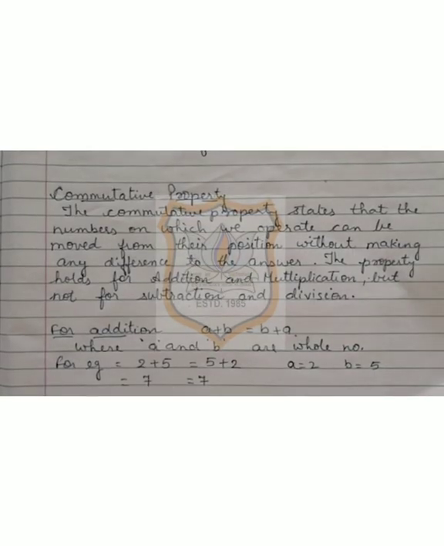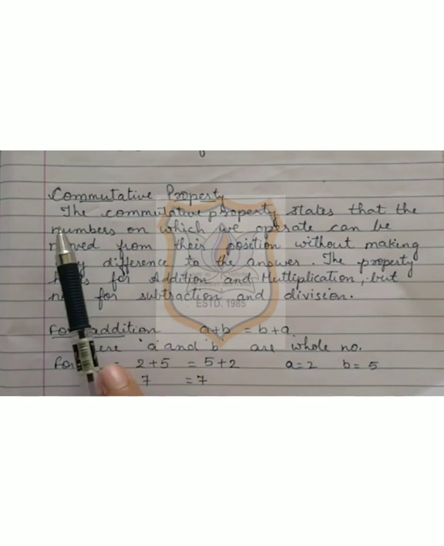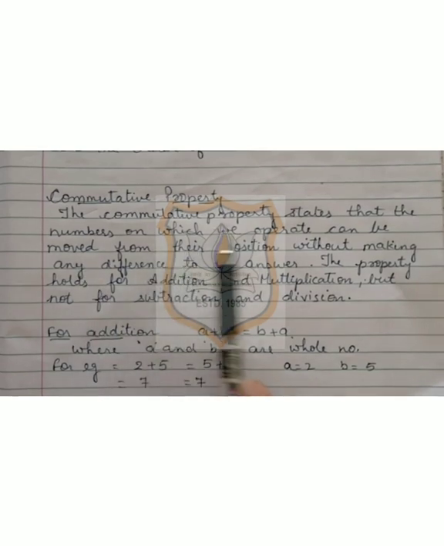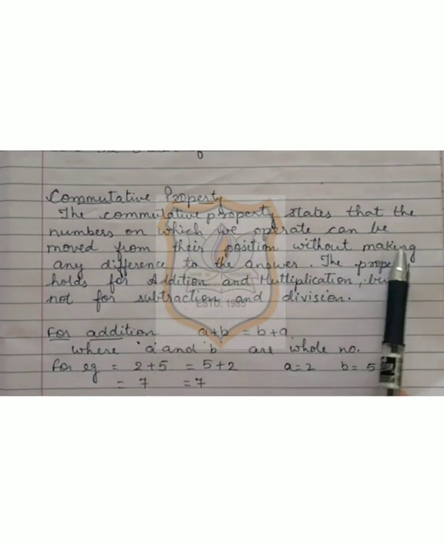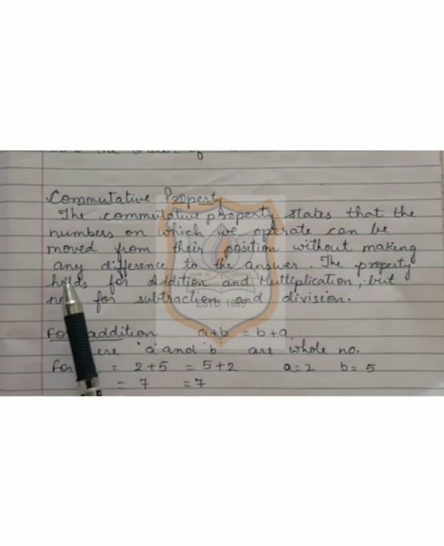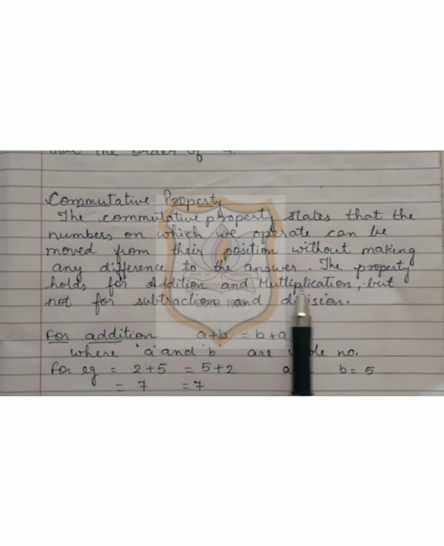Now next property is commutative property. The commutative property states that the numbers on which we operate can be moved from their position without making any difference to the answer. The property holds for addition and multiplication but not for subtraction and division.